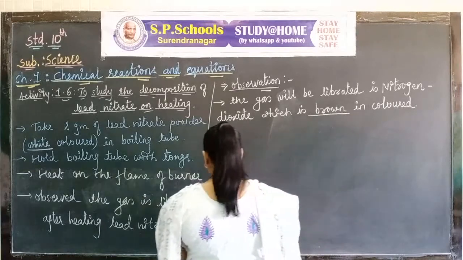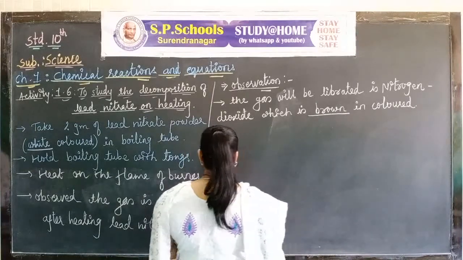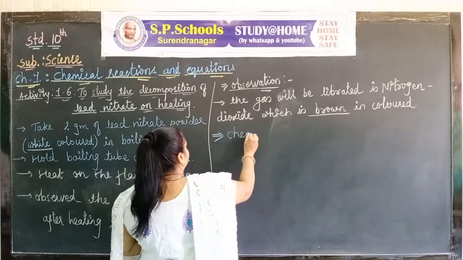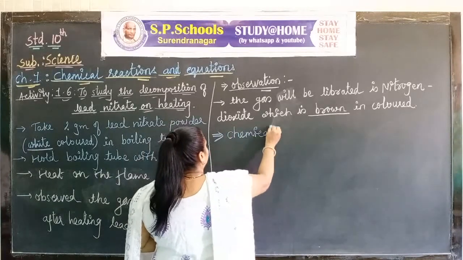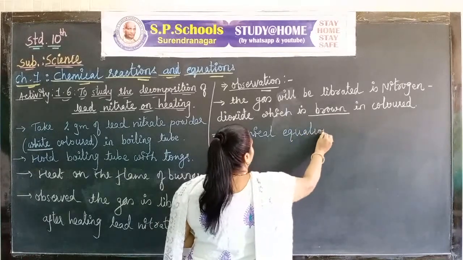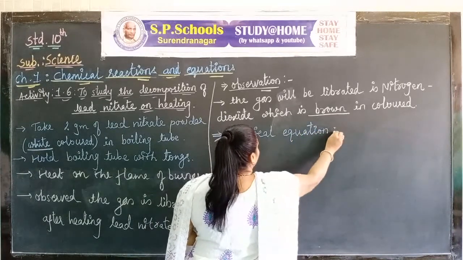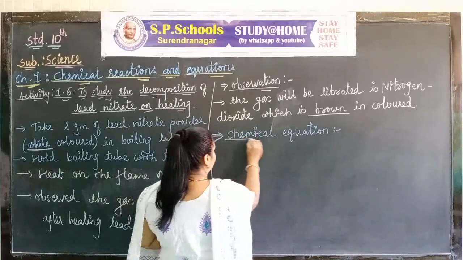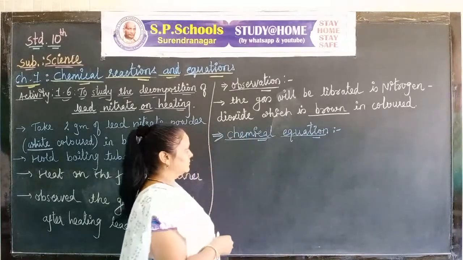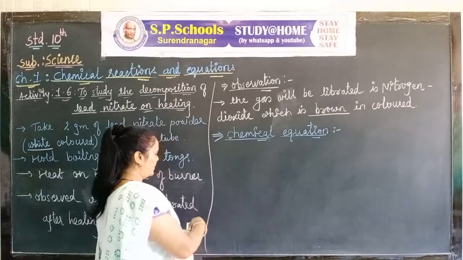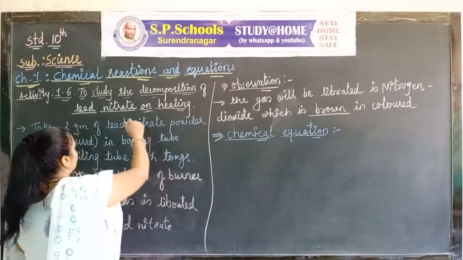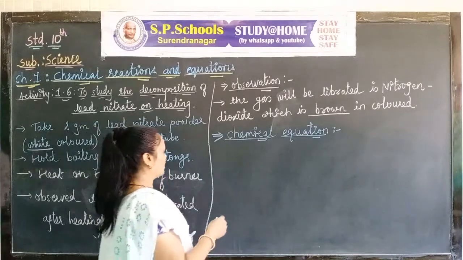Now we write the chemical equation for this process. First of all, we write the molecular formula of lead nitrate.